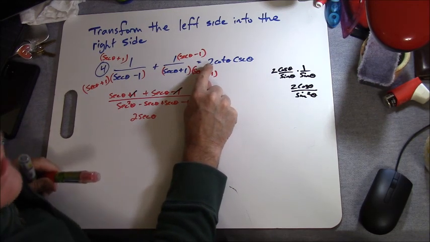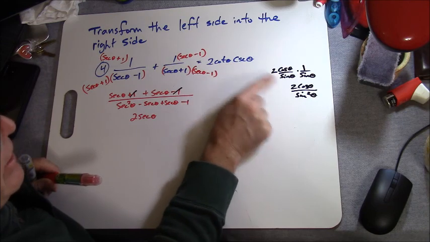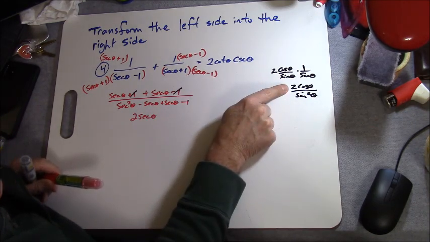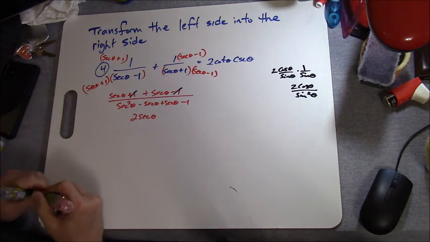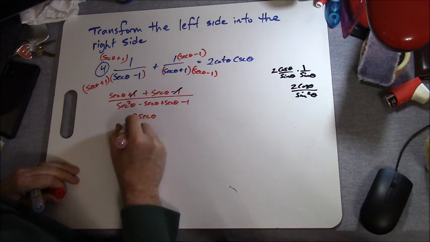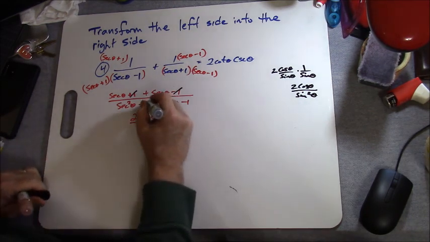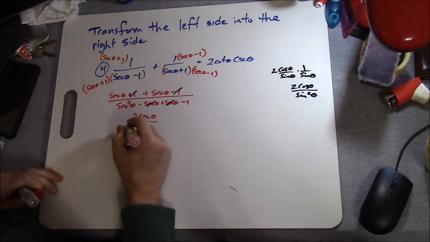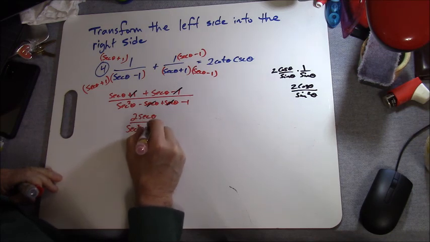One of the things I do is I constantly look back at this and what I wrote over here, and ask am I getting closer to this? Well, the 2 would suggest I'm doing something right. I just got to keep on going. Okay? All right, and then these 2 right here would add up to 0. And so what I have left is secant squared theta minus 1.